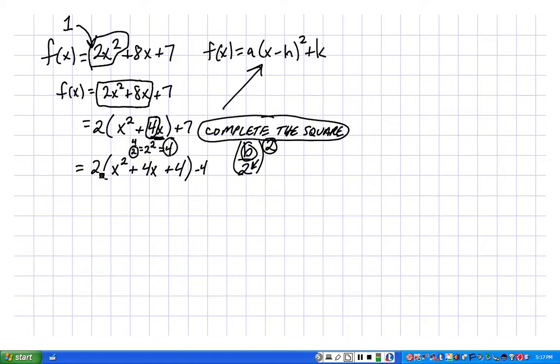And again, because I'm multiplying this 4 by the 2 that I factored out, I also have to put the 2, and I don't necessarily want to make it look like that. Let's do this. Let's bring this down.